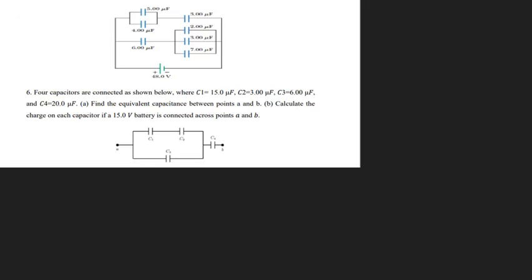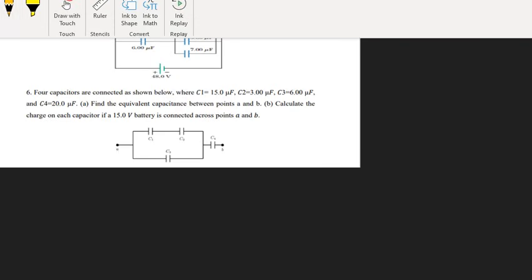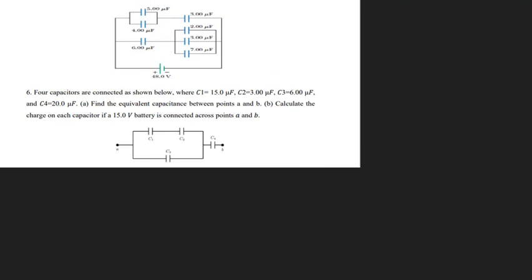The first thing that you're supposed to do is work out everything that is in parallel. So we'll start with this particular part. Let's start with these parallel capacitors. Since we have a 5 microfarad and 4 microfarad, capacitors that are in parallel are just added.